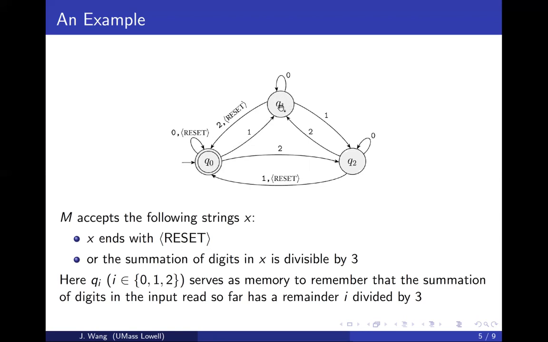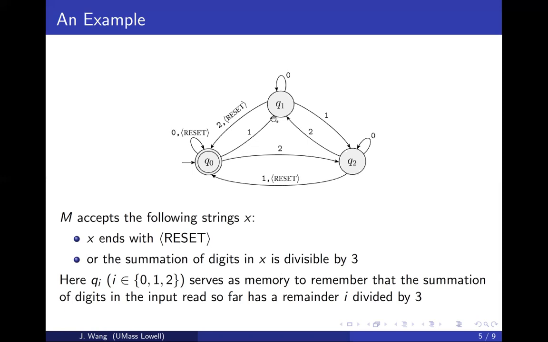Or if at any moment you have an input called reset, then you go to the initial state. All right. So then M actually accepts the following strings X: X either ends with reset, because with reset you go back to the initial state and accept it, or the summation of the digits in X is divisible by 3.